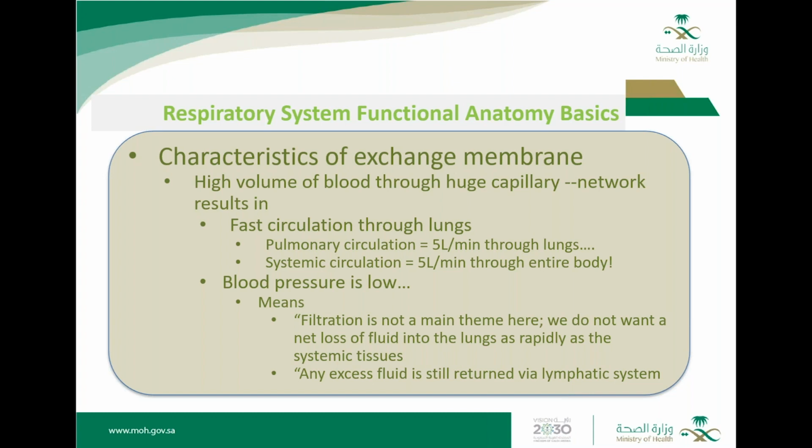Now, the pulmonary circulation would be bringing in the oxygen low, CO2 high blood, and then the systemic circulation would carry the oxygen high, CO2 low back to the cells. And blood pressure is low in the lung, which is very important.